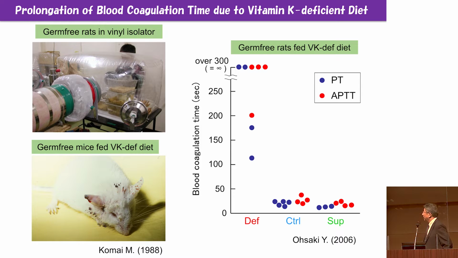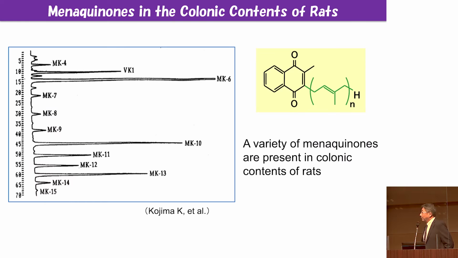Consumption of a week of vitamin K deficient diet in these rats led to the prolongation of blood coagulation time that exceeded 5 minutes. In animals with intestinal flora, deficiency symptoms did not occur.